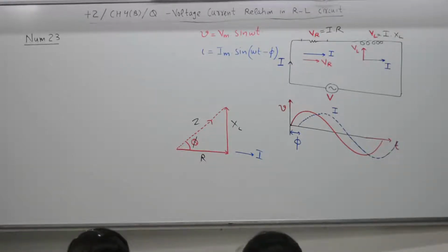The voltage leads the current by a phase angle of pi by 3 radian. Calculate the value of resistance and inductance.